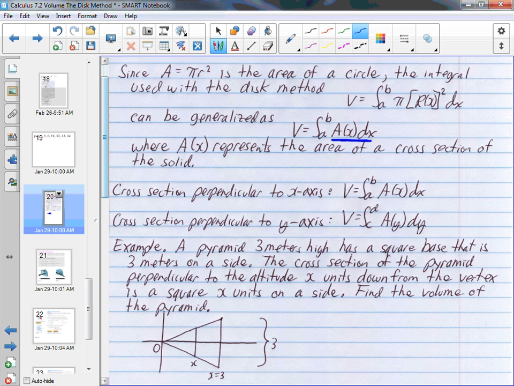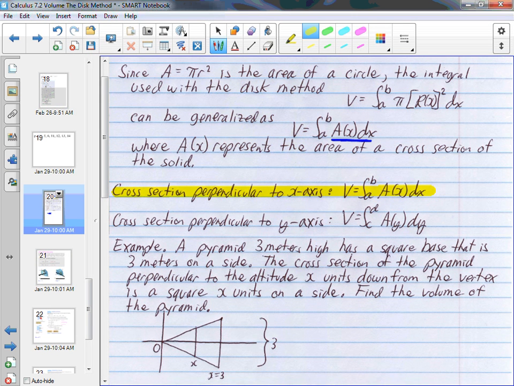Does that make sense? Now, remember how we always said that the rectangle, when we were doing disk and washer, had to be perpendicular to the axis of revolution? And that's how we figured out the dx or the dy. All right, here's what you need in your notes. If the cross-section is perpendicular to the x-axis, we're working with x's.